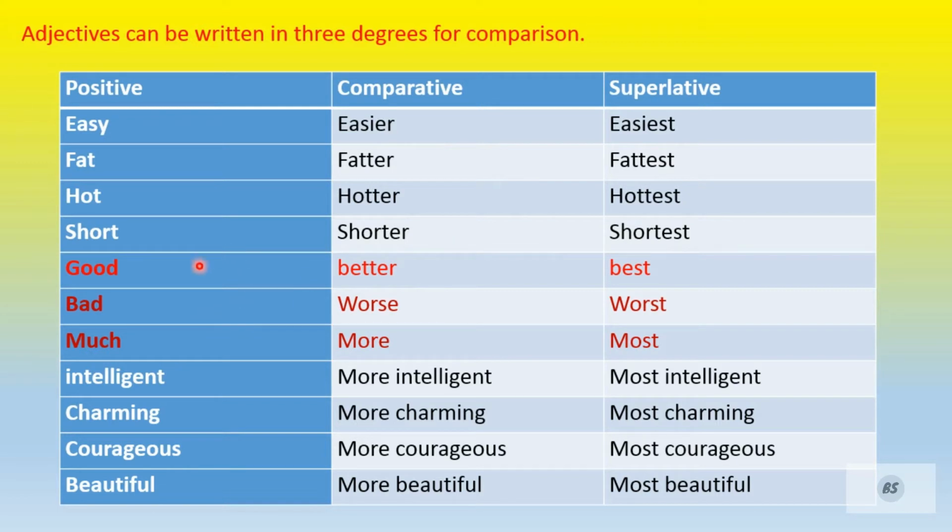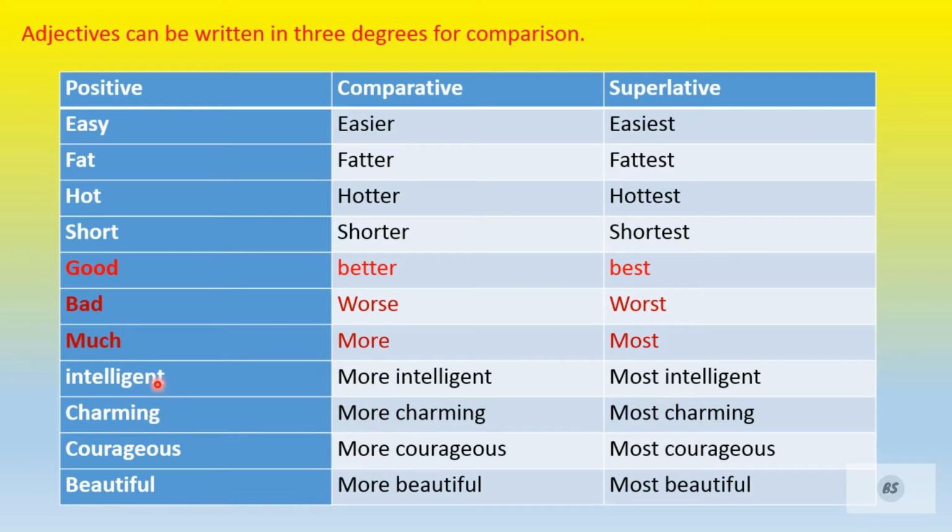But sometimes they are irregular. How? See these examples. Good is not gooder, but it is good, better, best. Bad is not badder, baddest, but it is bad, worse and worst, much, more, most. Also sometimes we don't add er or est, but we add more or most.